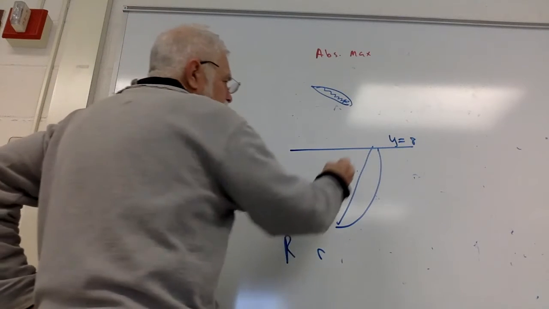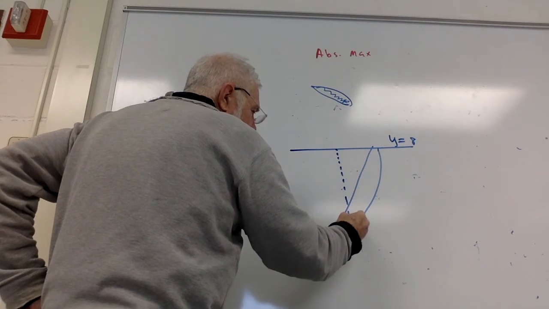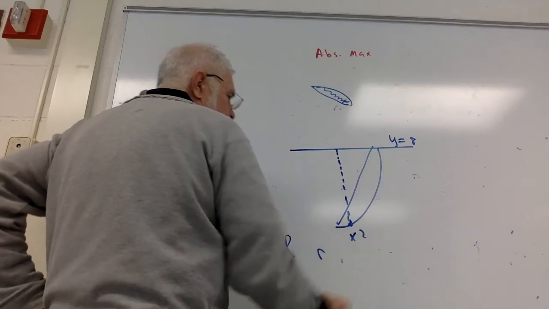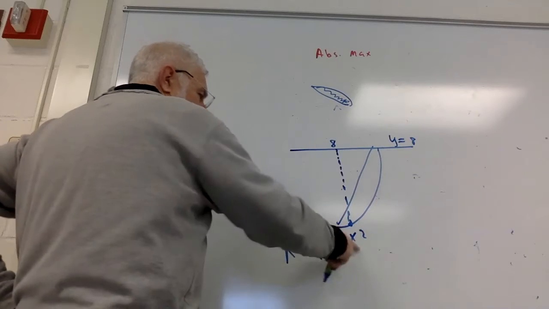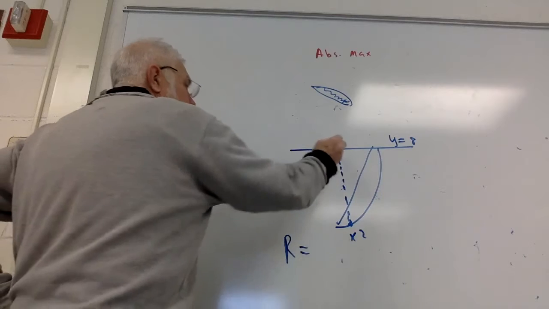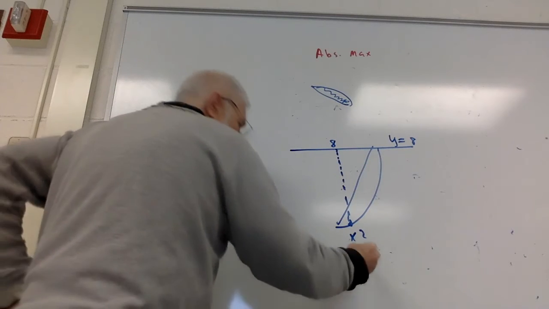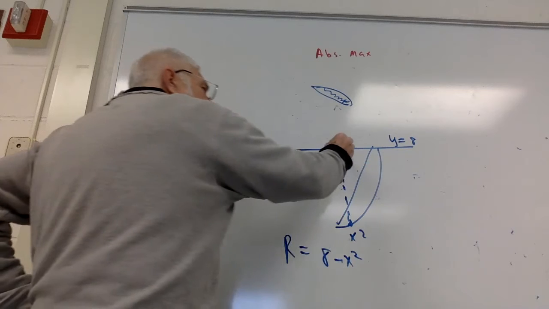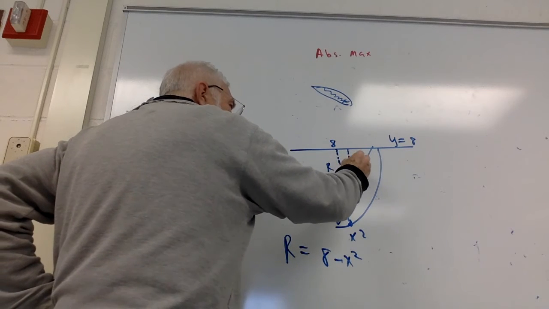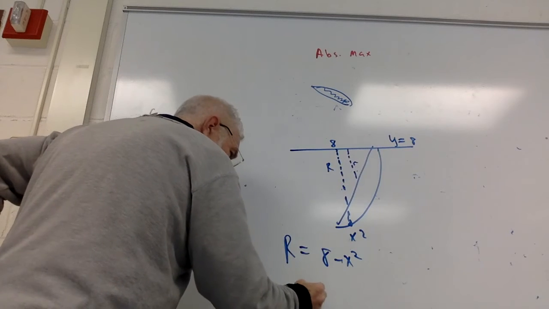Now, my big radius is actually all the way down to the lower function, which is x cubed. So that's 8, that's x cubed. So what is my big R? Top minus bottom: 8 minus x cubed. That's my big R. This defines my little r. What is little r?